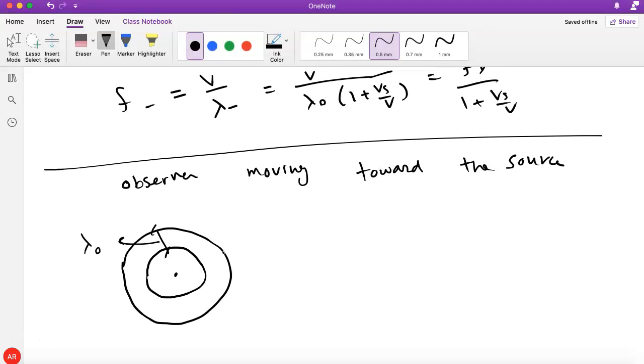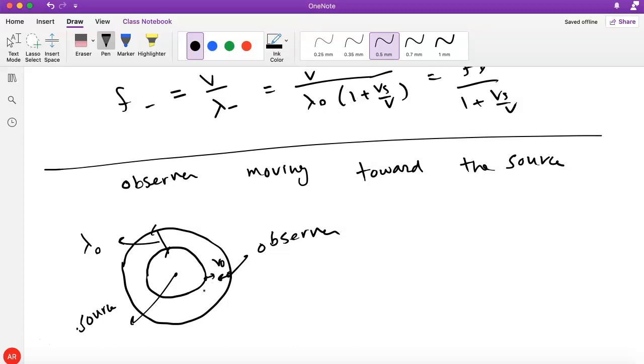And now the observer, let's say at the time when this wavefront reaches her is over here, so observer, source. Now, if the observer were not moving, it's going to take a time, capital T again, for this inner wavefront to reach her, okay? But now, this observer is moving this way with V naught.